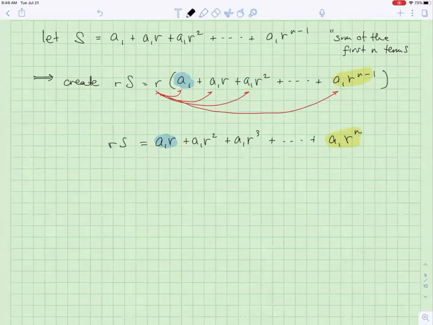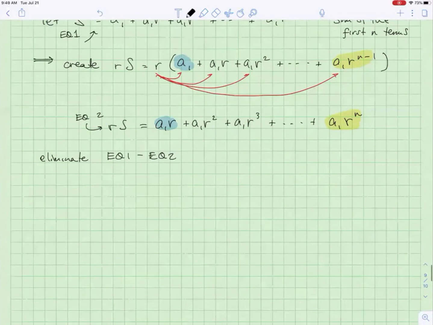Now we're going to use a technique from chapter 8 called elimination. Let's call this equation number 1 and this equation number 2. We're going to take equation 1 and subtract equation 2.